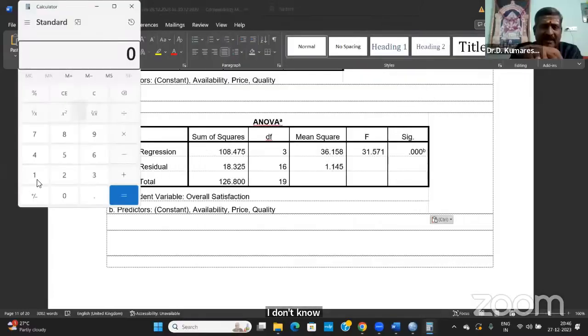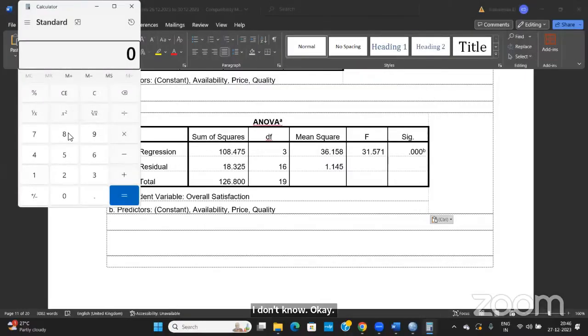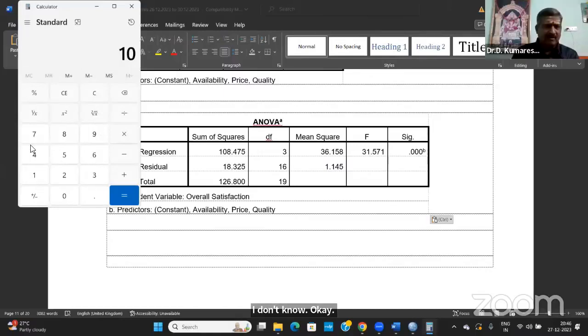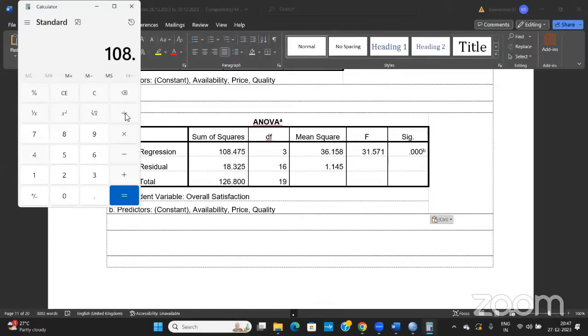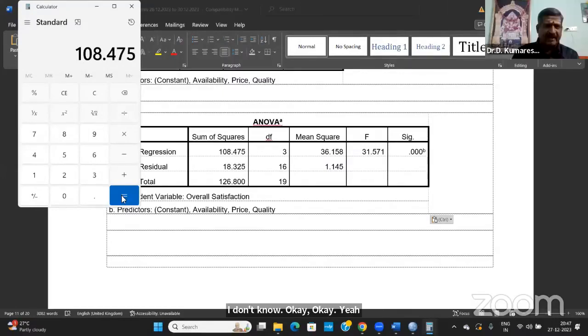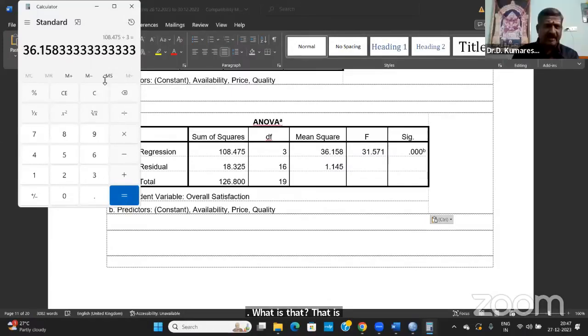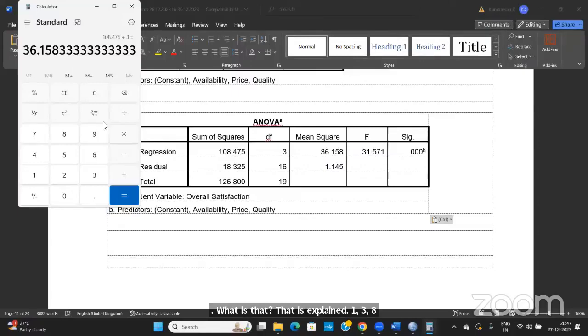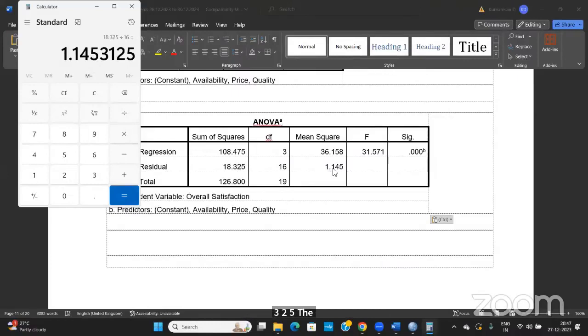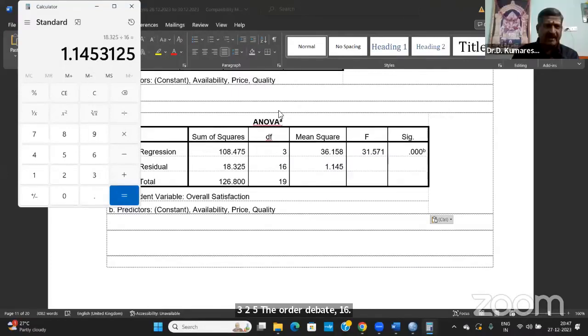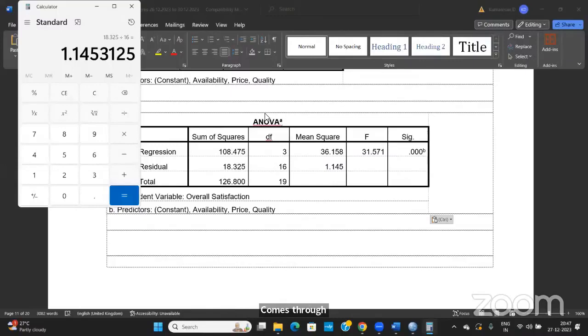See here, I told you, 108.475 divided by 3, what is the answer? 36.158. Then the other one, 18.325 divided by 16 comes to 1.145. So that is the mean square of the second one.